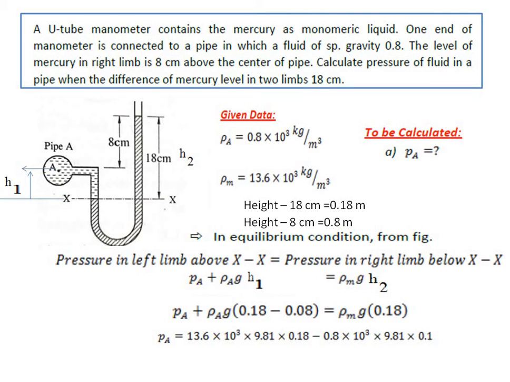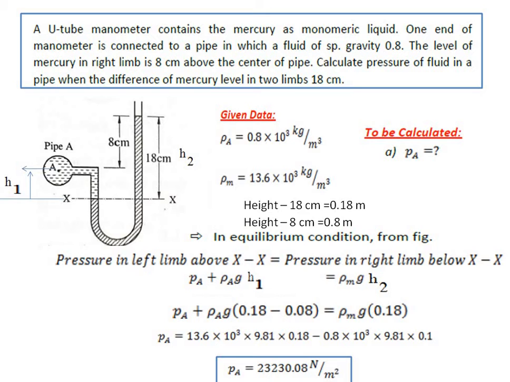Now rho M is 13.6 into 10 to the power 3, g is 9.81, h is 0.18, minus rho A, which is 0.8 into 10 to the power 3, into g 9.81, into h1, which is the height difference, 18 minus 8, that is 0.1 meter.